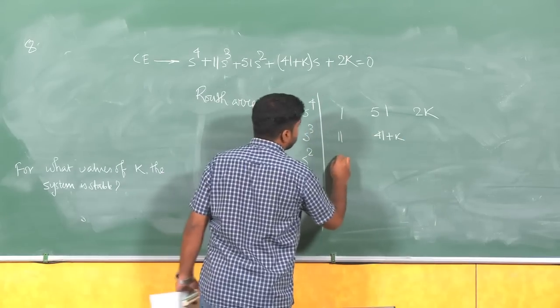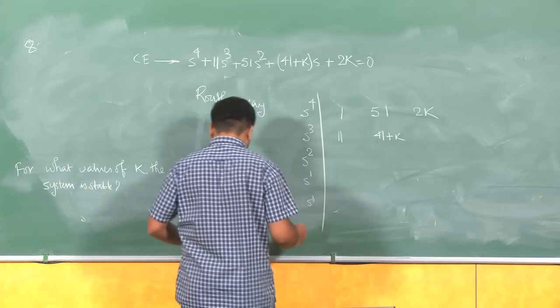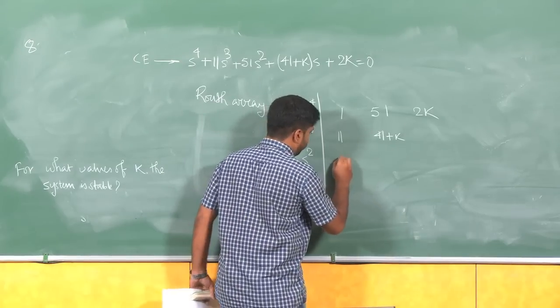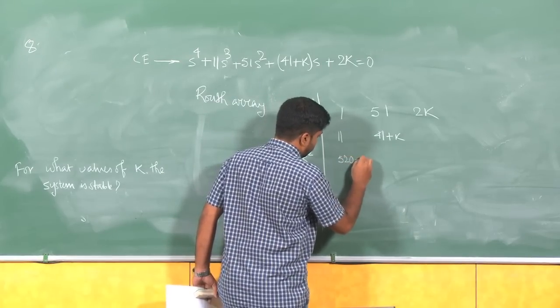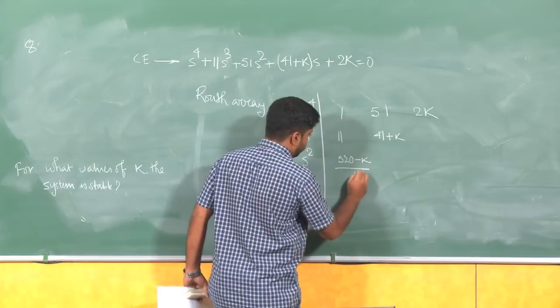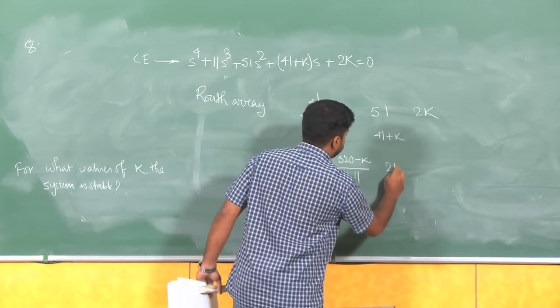So, the next term will be (520 minus k) by 11, and this is 2k.